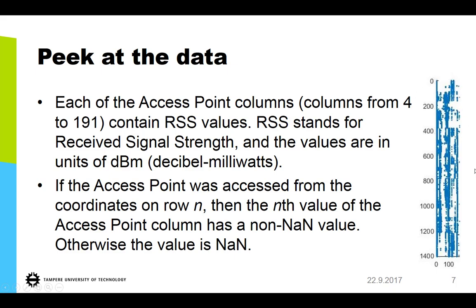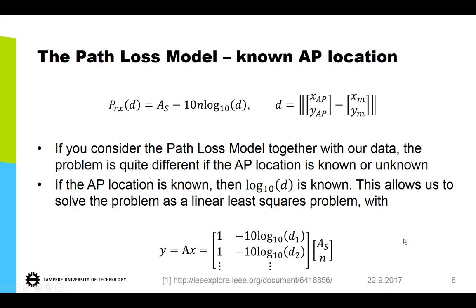Here you can see a visualization of the data. Every time you see something blue, that means that the value is a real number instead of a NaN value. If you consider the path loss model together with our data, you can see that the problem for calculating the parameters is quite different if the AP location is known or unknown.